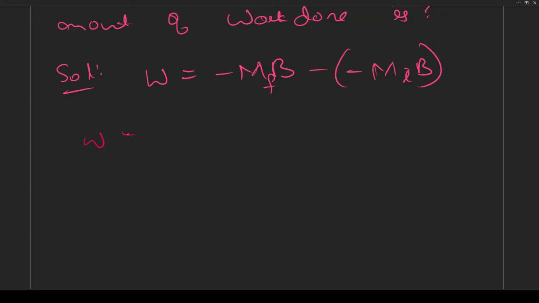We can write this as m initial B minus m final B, where M is NIA, or IA basically.